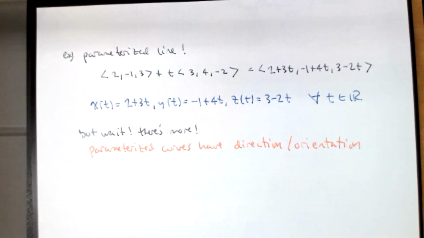Parameterized curves have a direction or an orientation, a place to start and a direction to go.